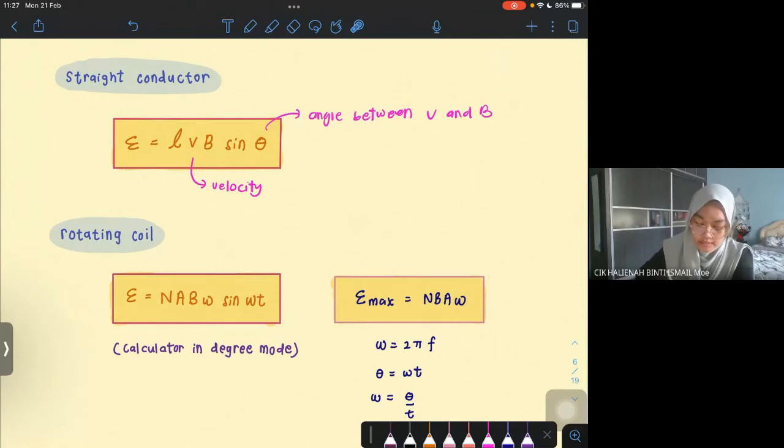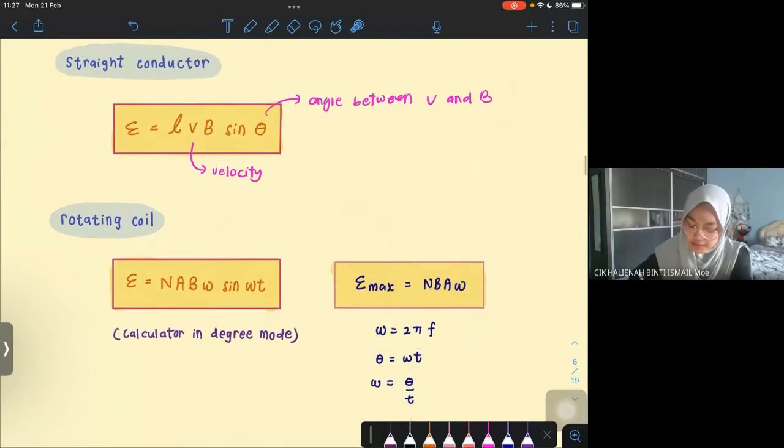And for rotating coil, since rotating coil dia sentiasa rotate, right? So dekat sini we have the angular frequency. So EMF is equal to NAB omega sin omega t, ataupun omega t is actually the same as the angle.